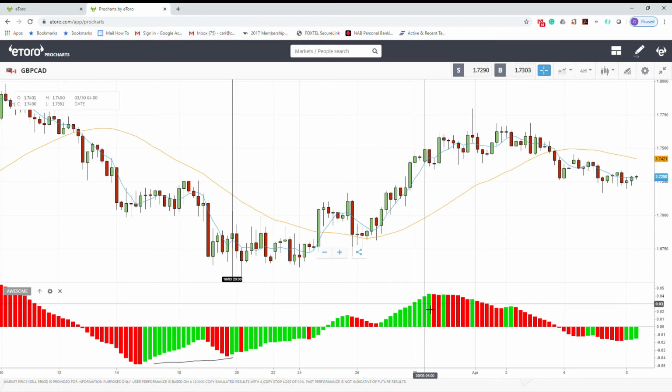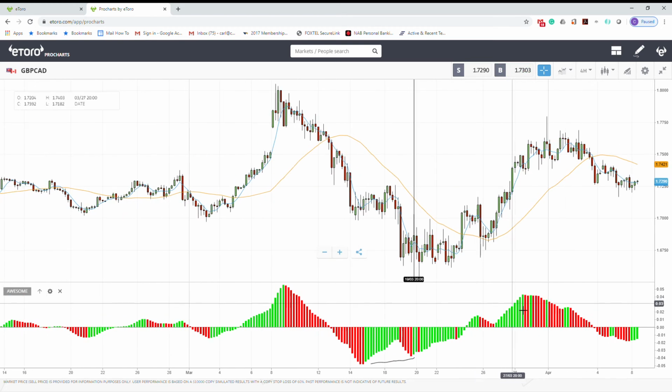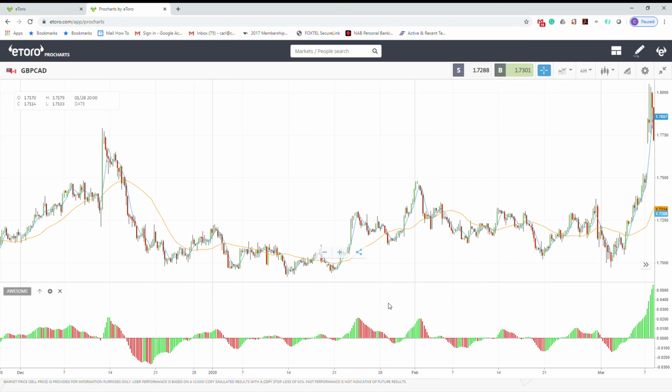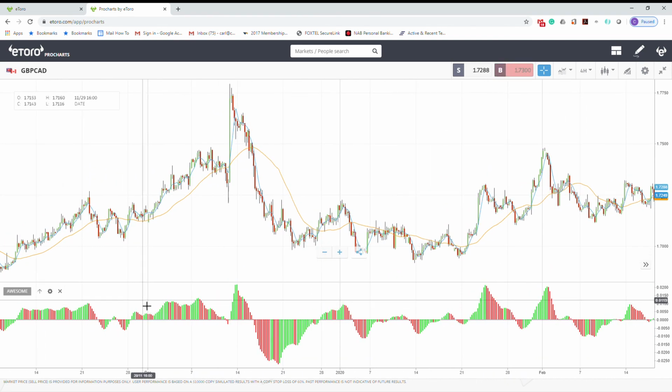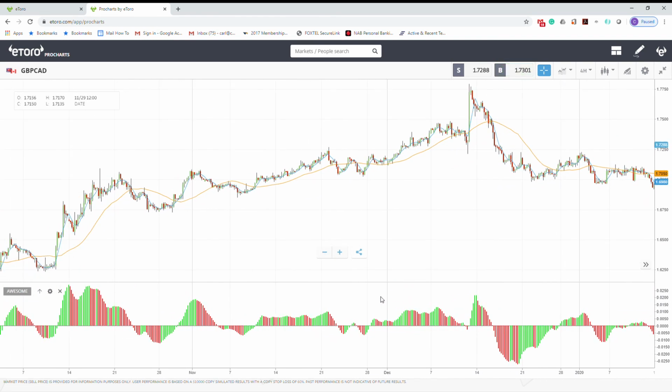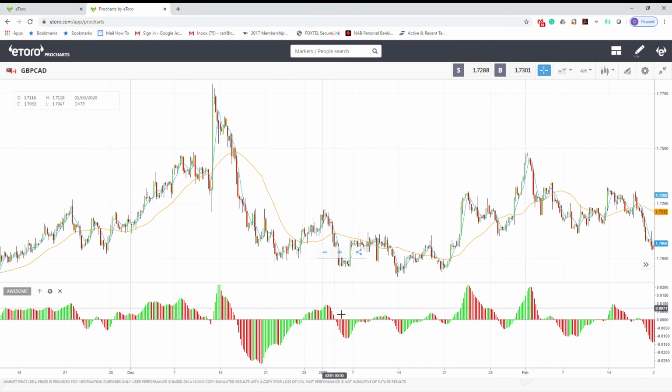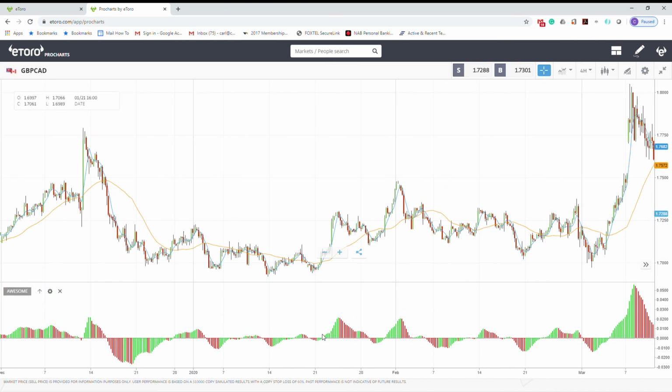So you should look for a green area with just one red in between in a bull market, which happens very rarely. I've seen it before, but not here.